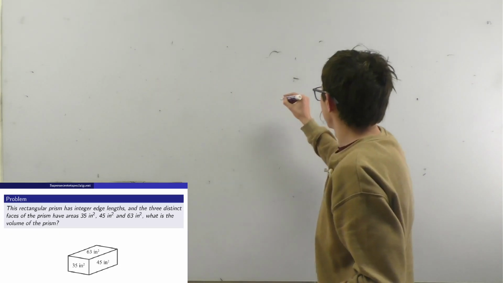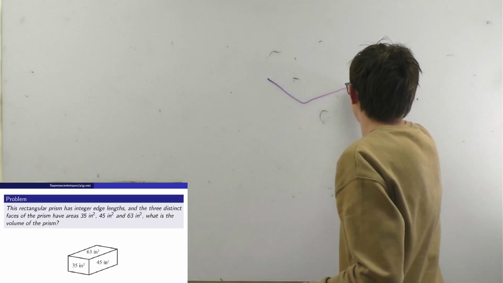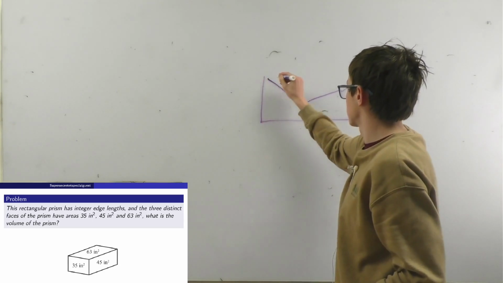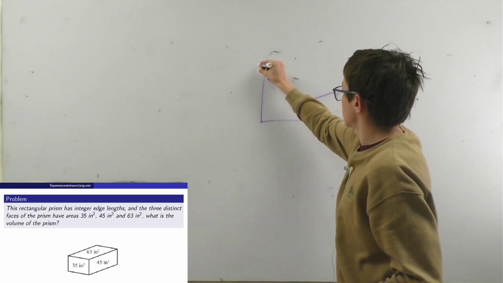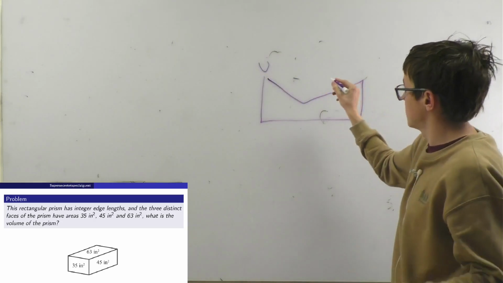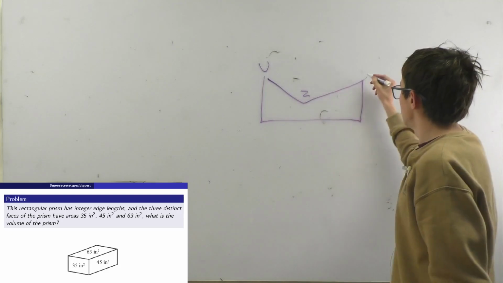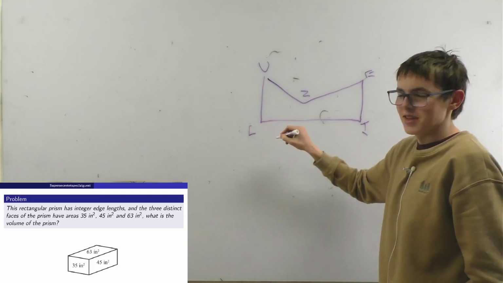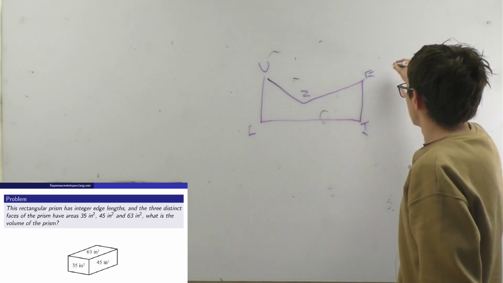So we have a pentagon, like a crown. And we have the vertices U, Z, E, I, and L. And we have to find the area of pentagon UZEIL.